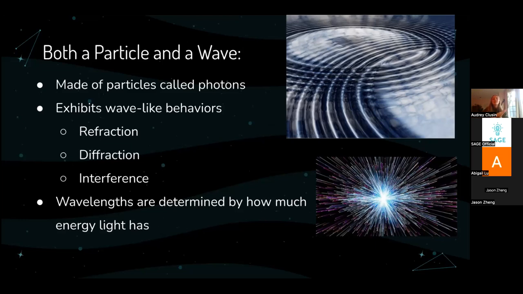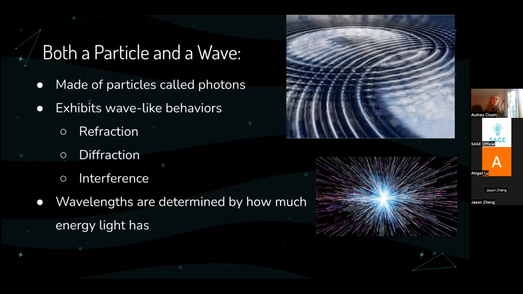So the particle part comes from the fact that light travels through the universe in little packets of energy or particles called photons. So we know that that's true, but we also have seen light exhibit behaviors like refraction, diffraction, and interference. You might have heard of refraction and diffraction and also reflection in your science classes.